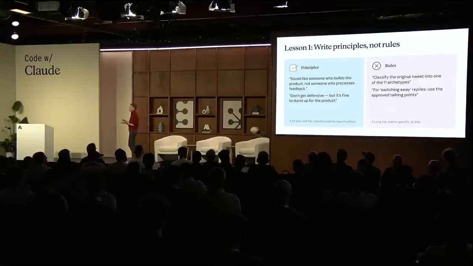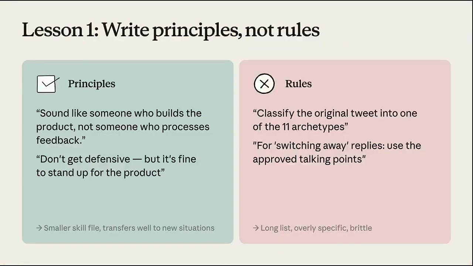So we thought about how we would explain this to a new team member, because working with agents is very similar to explaining to a new team member how and what they should do. You wouldn't just give them rules that if X, Y, Z happens, you should do A, B, C. You would explain to them how to think about things, how to make good decisions, how to reason about these situations, what the purpose of engaging with the community is.